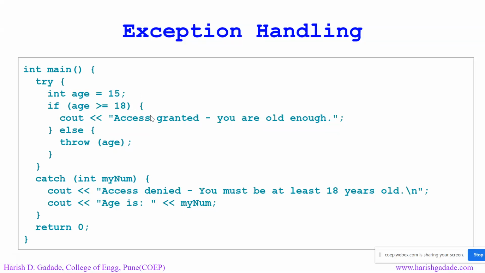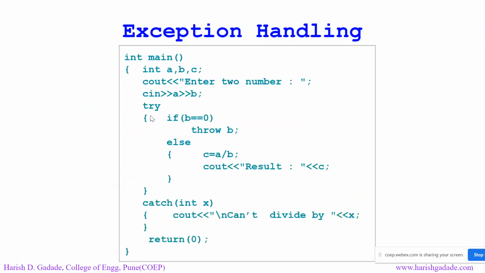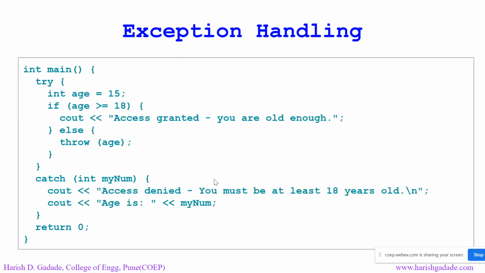But here we are putting, like in the previous example, that was a natural thing, we cannot divide any number by 0. But here we are putting that exception here, exception handling, right? So what we are doing here: if age is greater than 18, then we simply say access granted, you are old enough. And in the else part, we are throwing that age.